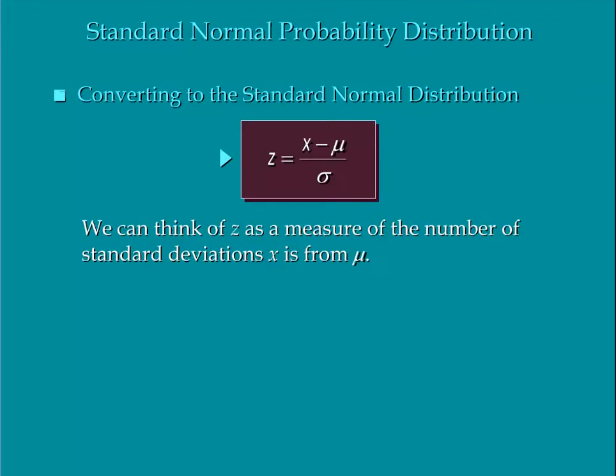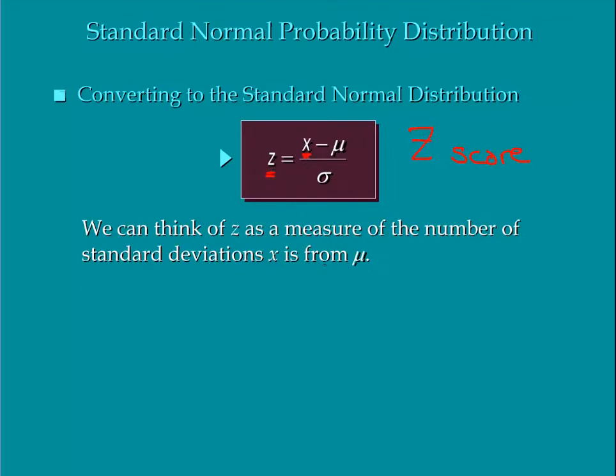The equivalent score from the standard normal distribution is called the Z-score. So when we have a normal distribution with mean mu and standard deviation sigma, for some value x, we can find the corresponding z-score.